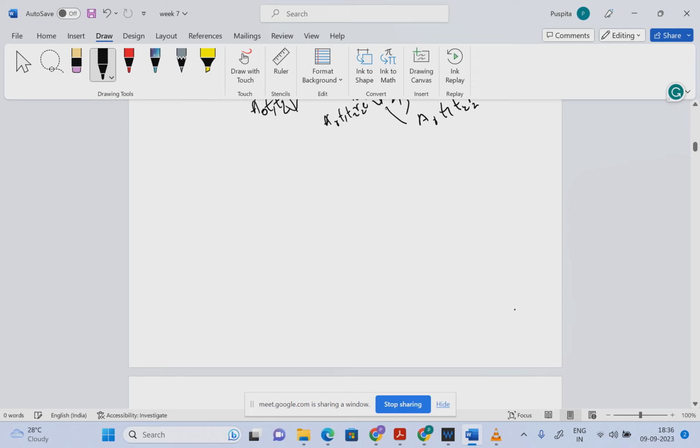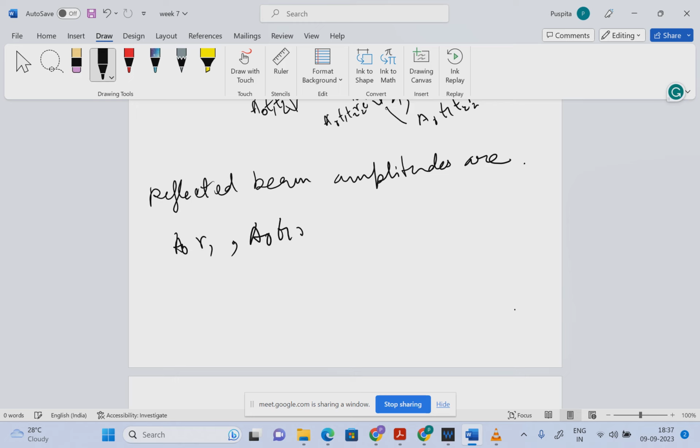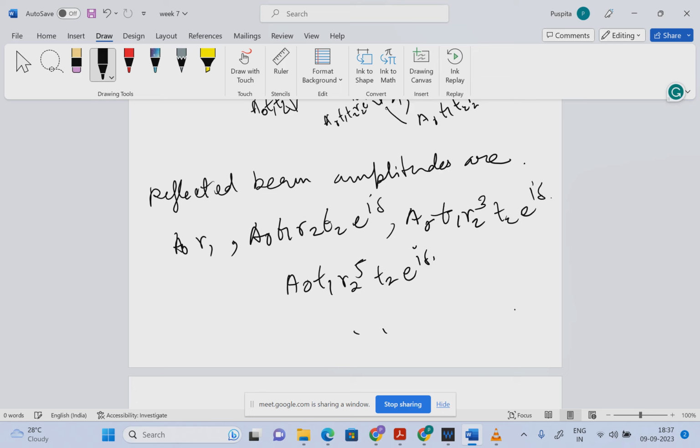So the reflected beam amplitudes are: A0 T1 R2 T2 e to the power i delta, A0 T1 R2 whole cube T2 e to the power i delta, A0 T1 R2 to the power 5 T2 e to the power i delta, and so on.